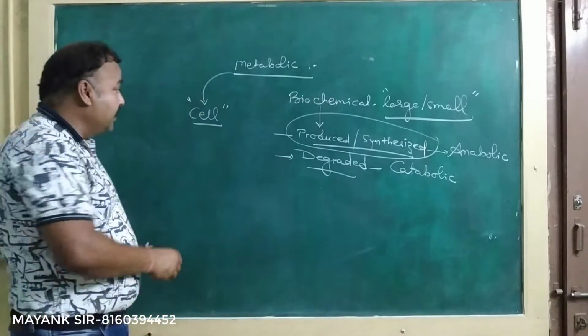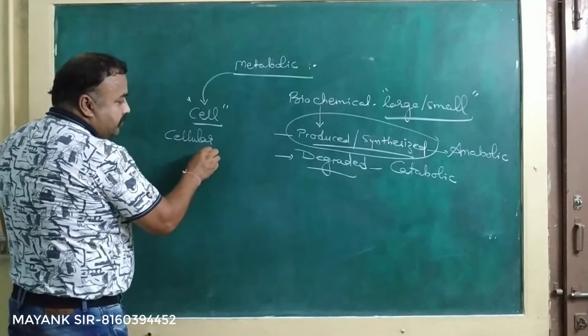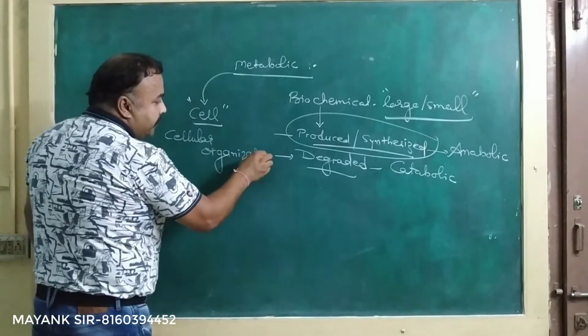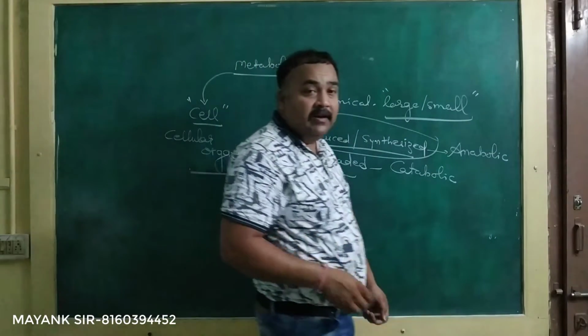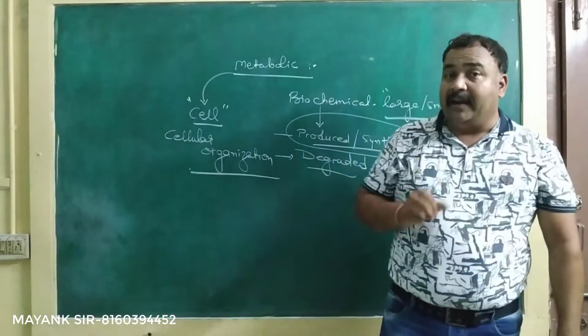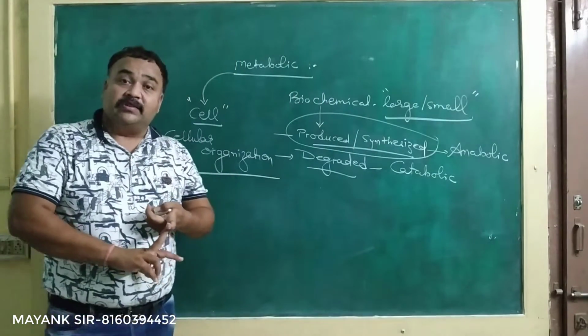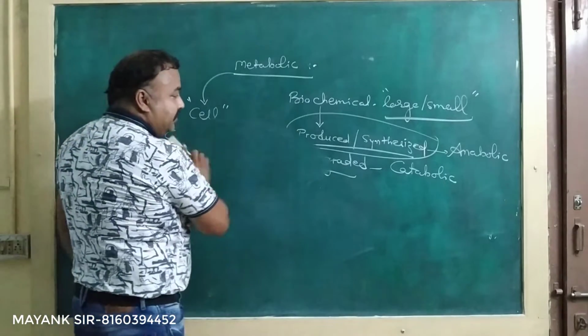And so that cellular organization is also known as the distinguishing characteristic of living organism. So this was the third character. The first one was growth, the second one was reproduction, and third one carrying out metabolic activity.